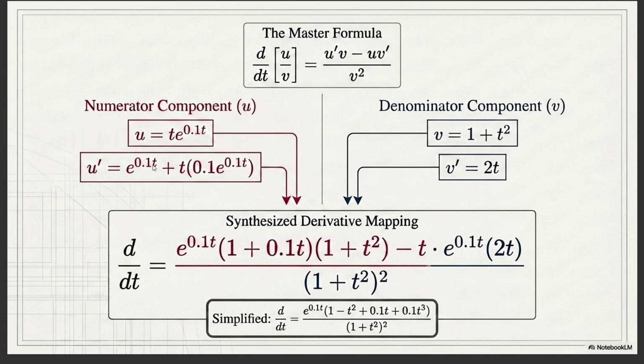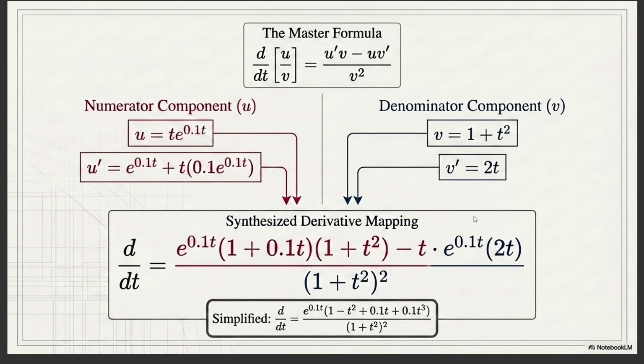Second, the denominator is v. v equals 1 plus t². The derivative for this is very straightforward, which gives us v' equals 2t.